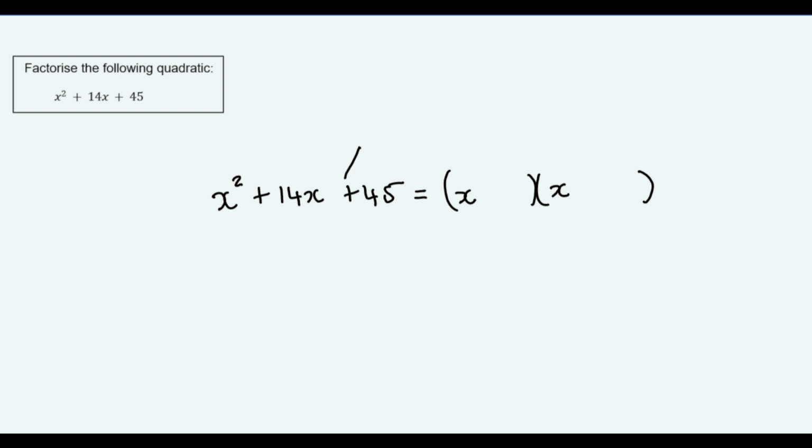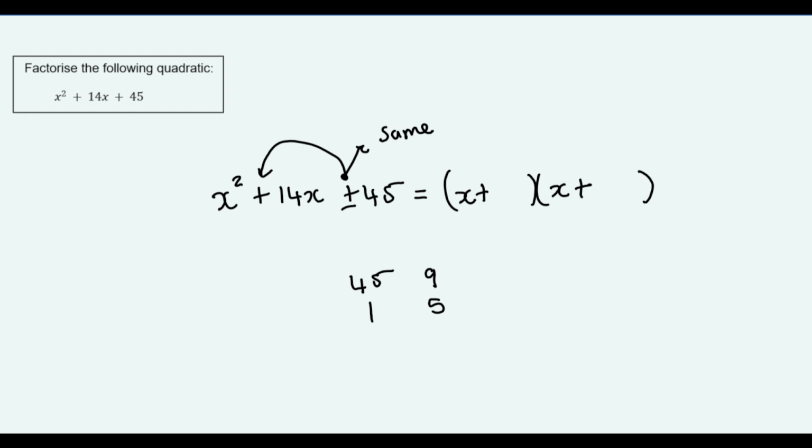So we're going to have the same signs, and they're both going to be positive. Okay. Now, what are the factors of 45? 45 and 1 and 9 and 5. By the way, I always write the largest one at the top and then the smallest one at the bottom.